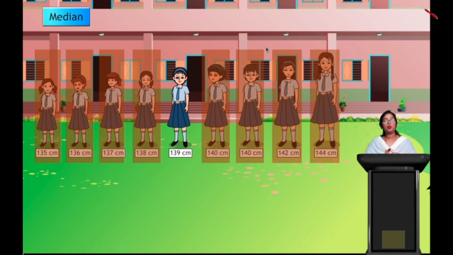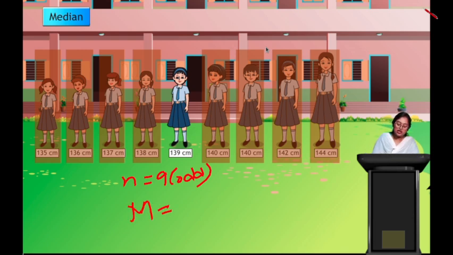Yes. One more thing you have to remember, children. Here you can see the number of students is 9. That is n equals 9, which means it is an odd number, right? Yes. When we have an odd number of observations, we have a particular formula to find out the median value. So now let's see what that is.